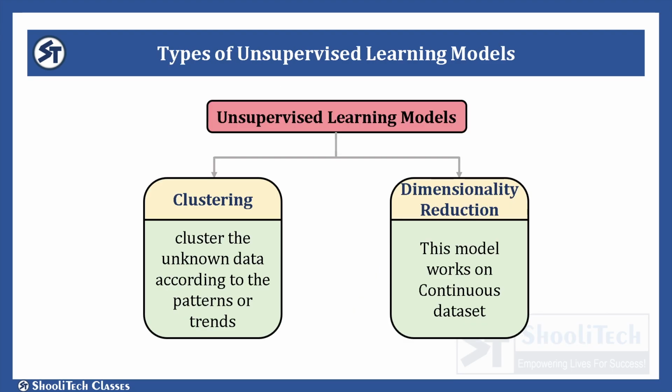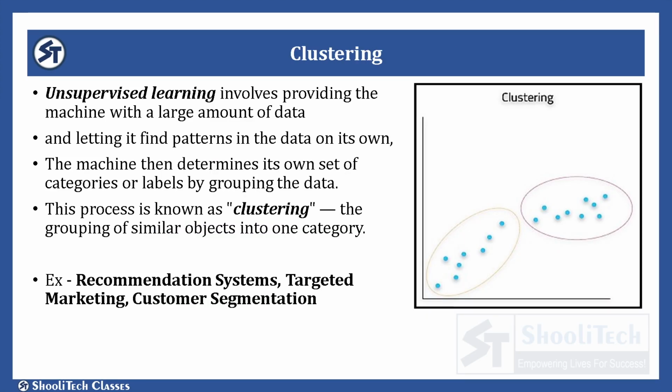Unsupervised learning models use two types of algorithms, clustering and dimensionality reduction. In case of clustering, we provide a very large amount of unlabeled data to the machine. Now the machine tries to find the patterns in the data on its own. The machine then determines its own set of categories by grouping similar data.